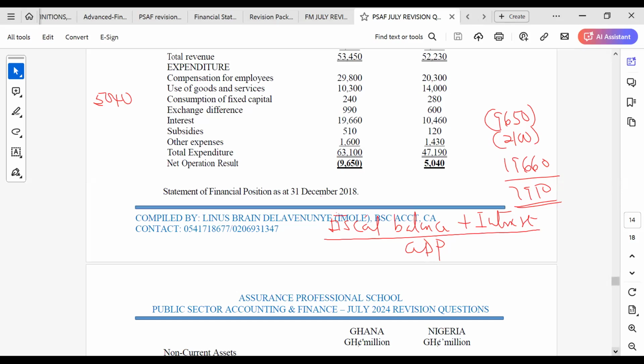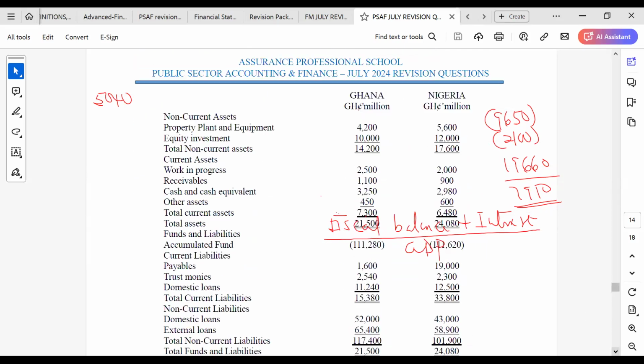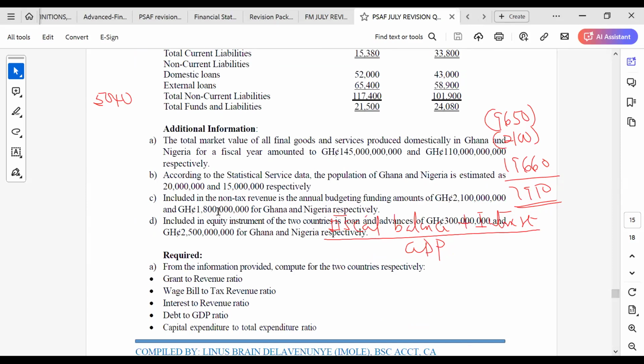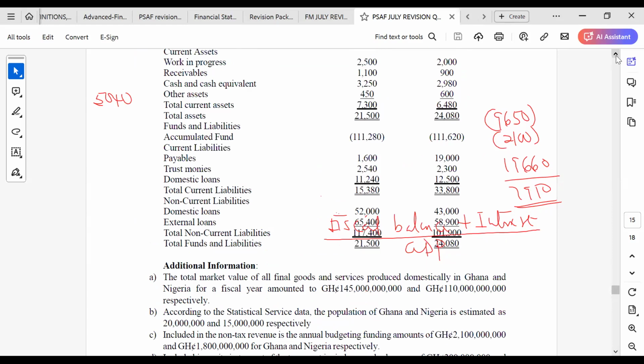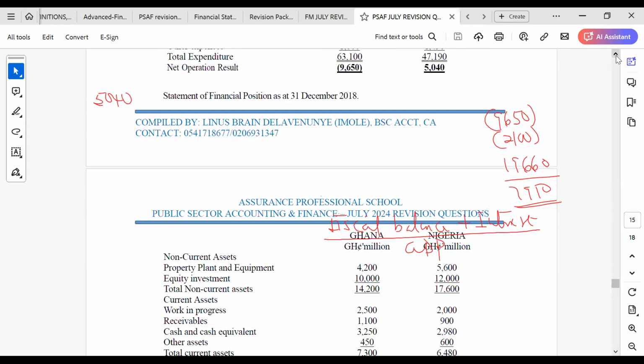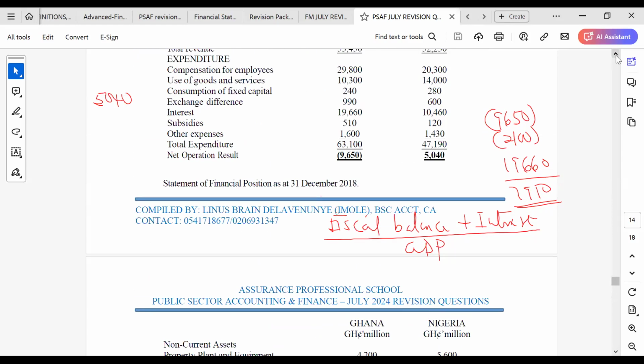Okay, let's come to the annual budget funding amount for Nigeria. That will be 1,800. So they are also having a deficit there, so this will be a negative. Then you have 1,800. Then you add their interest amounts. So we have 10,460.